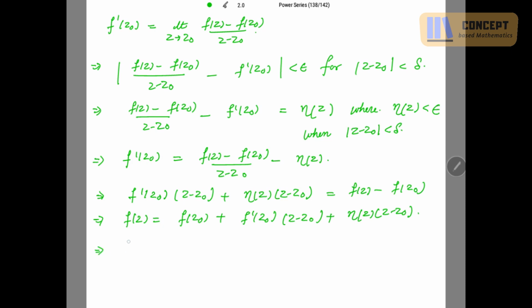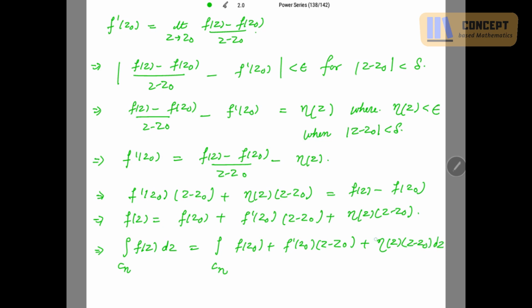So now taking the integral over Cn, because we have talked about Cn, of f of z dz is equal to the integral over Cn of f of z0 plus f dash z0 into z minus z0 plus eta of z into z minus z0, dz.